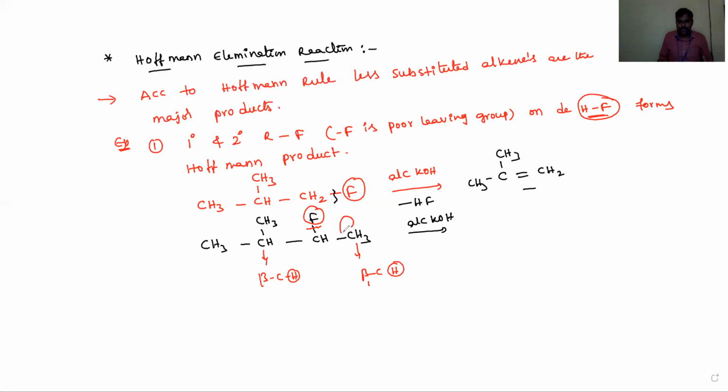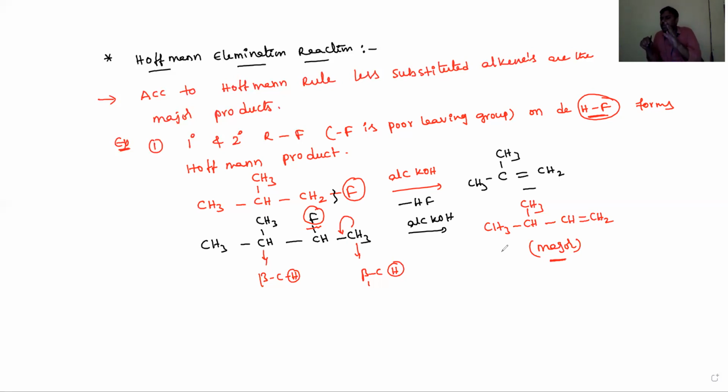Now if I remove this hydrogen, we will get the less substituted alkene. CH=CH2 is the major product because the reactant is a secondary alkyl fluoride. Either primary or secondary alkyl fluorides, on dehydrofluorination, produce the less substituted alkene as the major product.